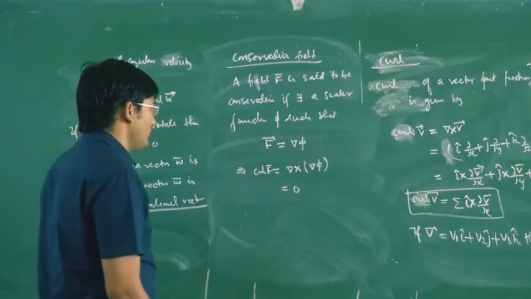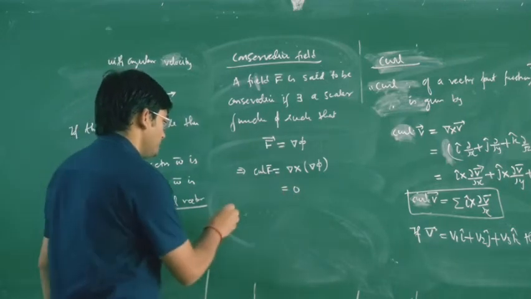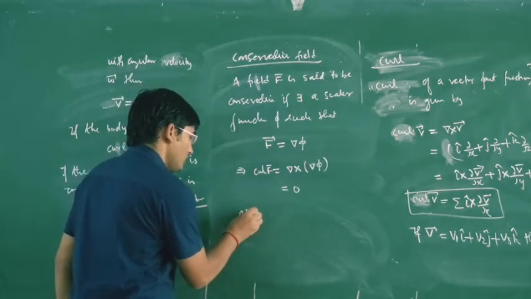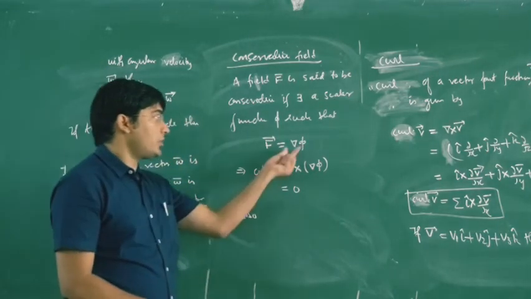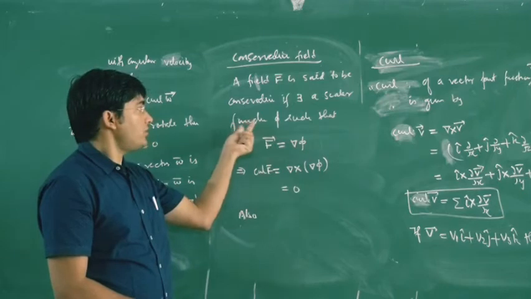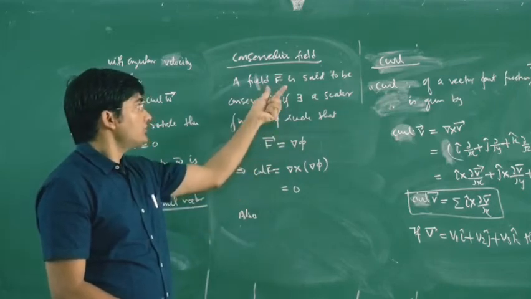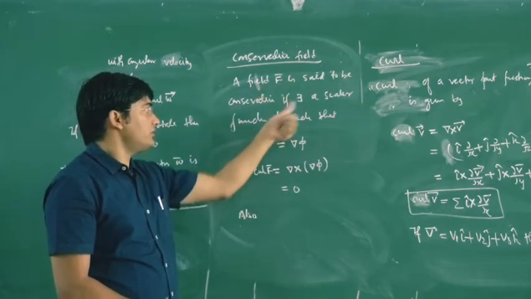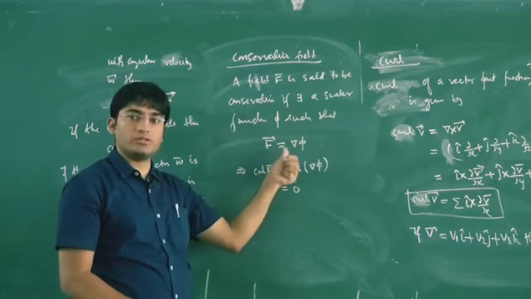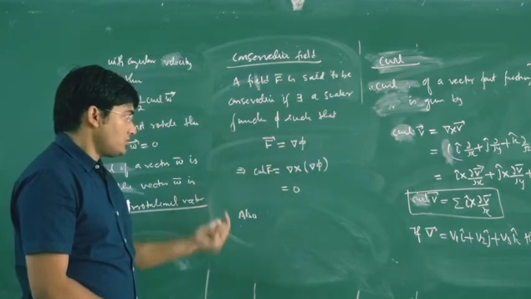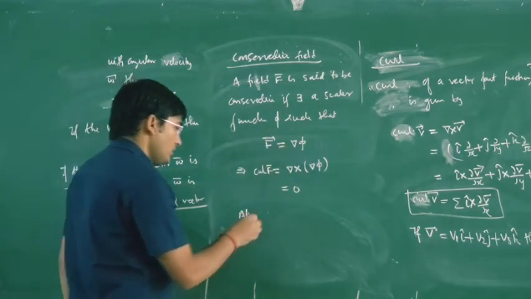So your curl of F equal to 0. Also, if you want to evaluate this phi, as we have to find out this phi, because F will be conservative if there exists a function phi for which this condition is satisfied. So let us try to find out this phi.